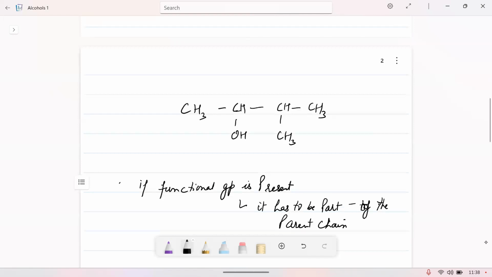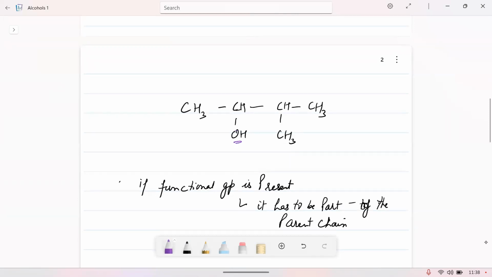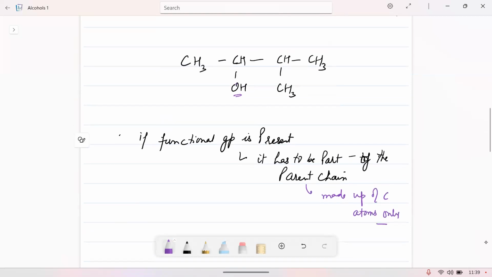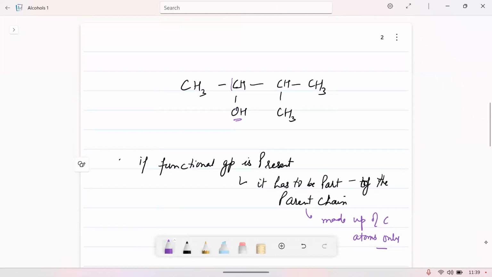Now, what does that mean? The problem with the OH is, OH does not contain the carbon. That's one thing. And when you talk about parent chain, the parent chain is made up of carbon atoms only. So in this case, we will focus on the carbon that contains the OH.